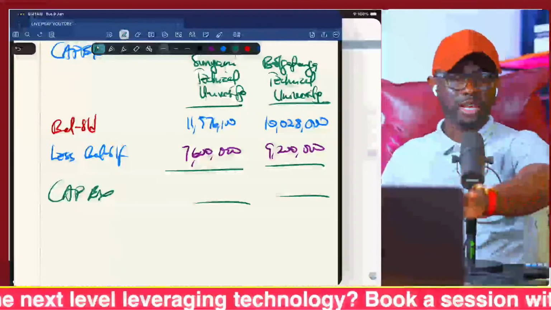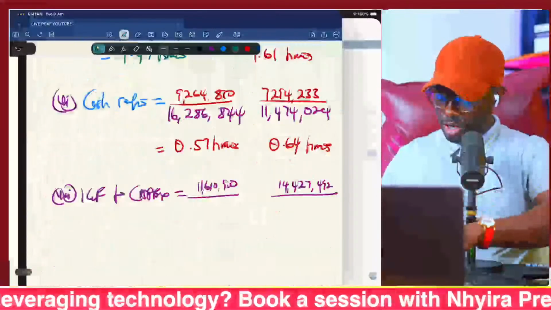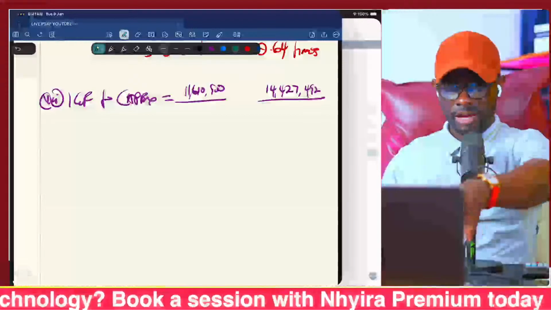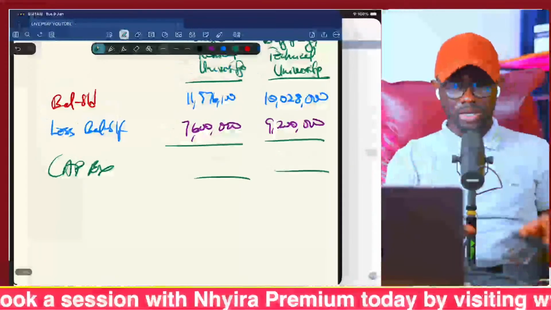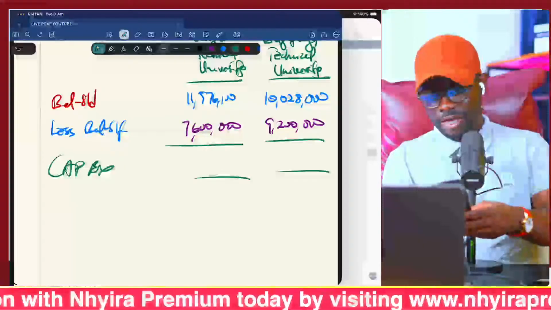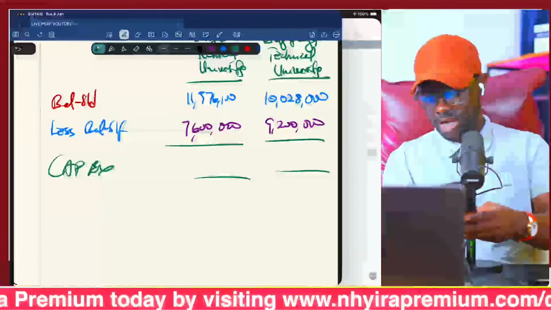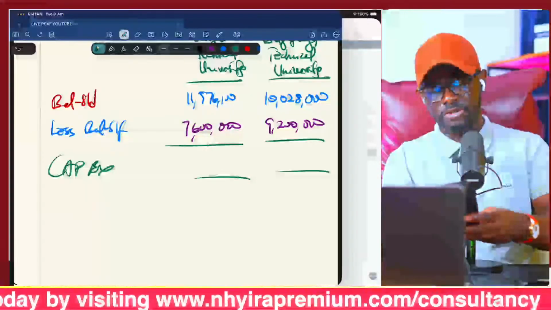Now, you don't have to comprehensively work this out. You could have just worked it out below here. I don't have a space. That's why I'm trying to work this out separately. So 11,976,100 minus 7,600,123.